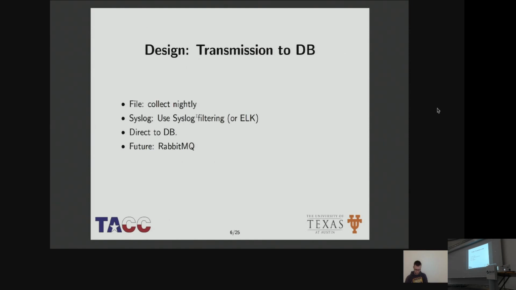Or you can write directly to the database, where the user does a load or a run and it writes directly to the database. Not my favorite way, but it's the precursor of this project. I'm also looking into using RabbitMQ as a transport mechanism. We have a Cray, and with the way Crays handle their syslog, it's hard to get enough information on how to work with that.